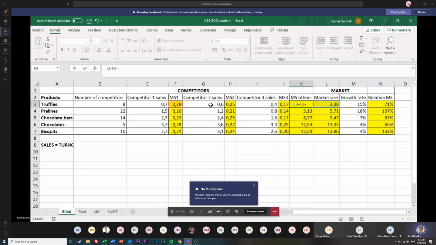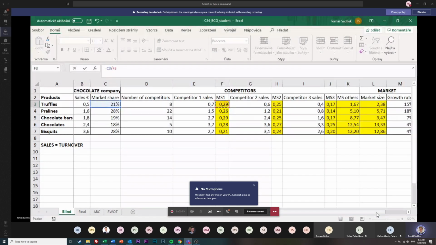So C3 divided by F3. So how is the market share of our chocolate company to the market share of the biggest competitor? And then I just copy the formula. Okay, relative market share, yes.